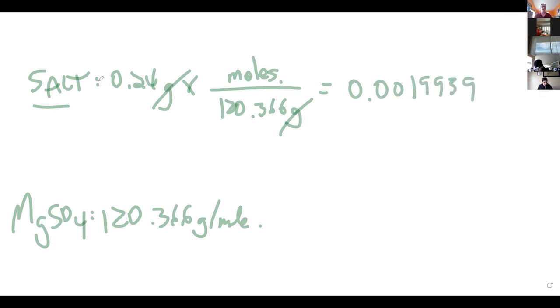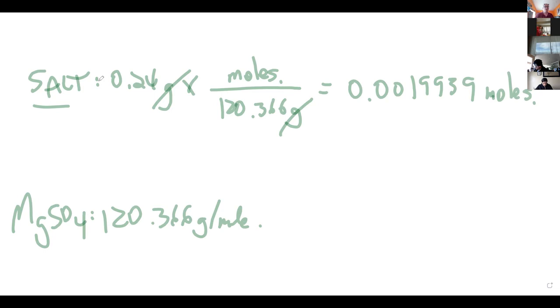And again, I'm not going to bother with rounding. I'm not going to do any rounding right now because I don't have to, and I shouldn't, because I don't want to limit my precision. So I'm going to use as many digits as I damn well please. So that's moles of salt.